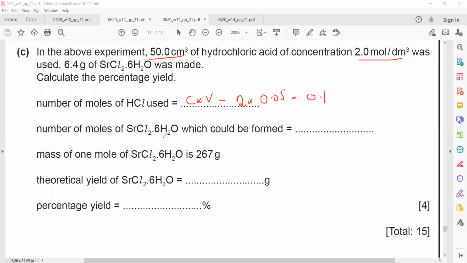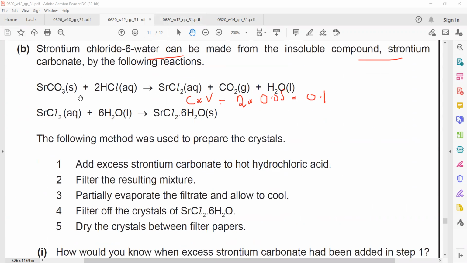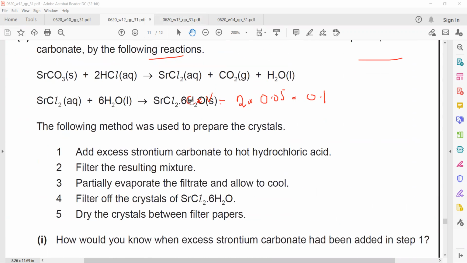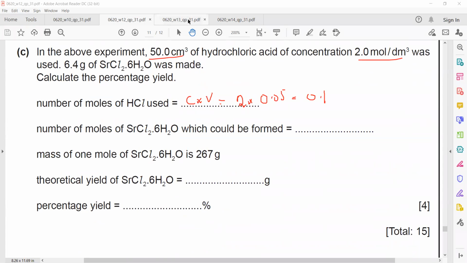Then moles of strontium chloride that could be formed. So you need a ratio for this, and the equation is there. The ratio between HCl and strontium chloride is 2:1. 1 mole of strontium chloride reacts with 2 moles of HCl.